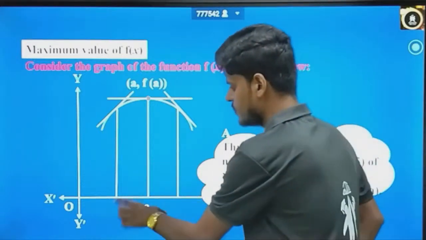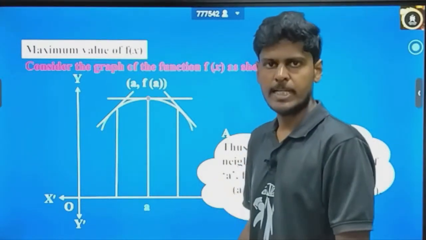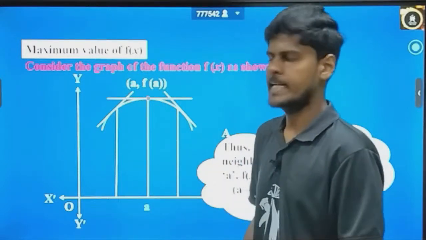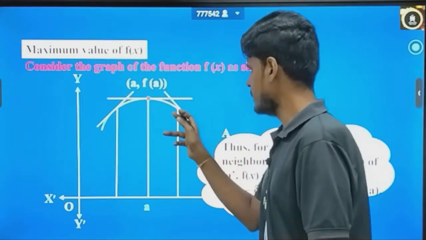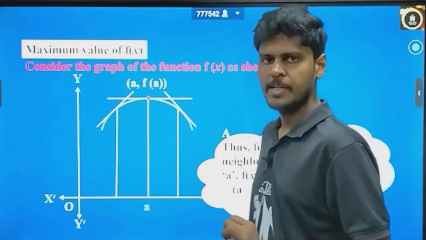If a is a point of maximum, then f of a will be greater than f of a minus delta and f of a will be greater than f of a plus delta.